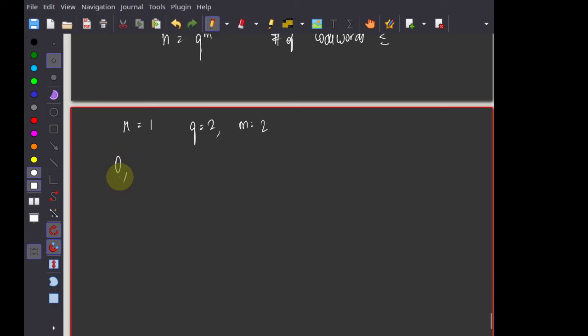So this is a polynomial. This is a polynomial. The polynomial. What more? What more? Right? So how many polynomials are there?